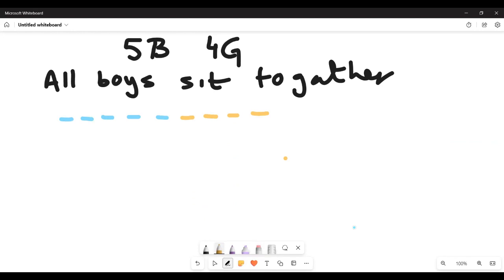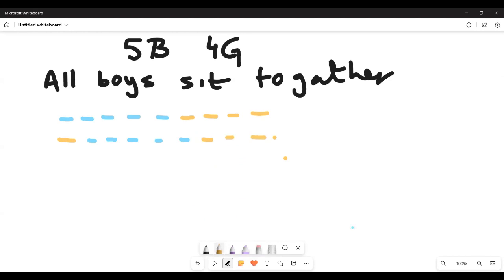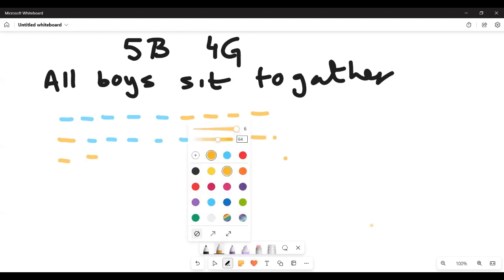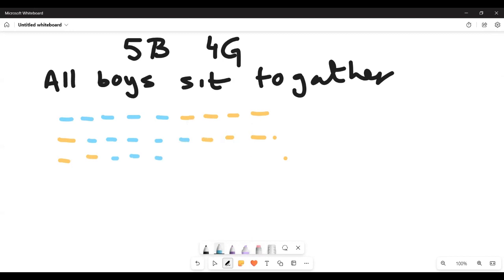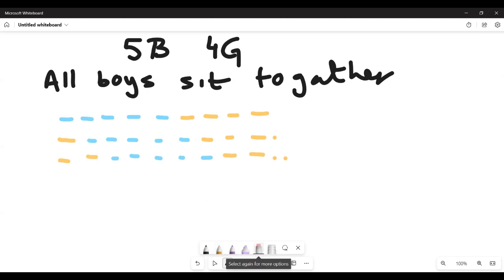There's another scenario where 1 girl sits here, then there are 5 boys, and then there are 3 girls. Then another scenario, 2 girls here, 5 boys here, and then 2 girls here. And so on till the last case, where we have 4 girls here and 5 boys here. Okay, these are all the cases.